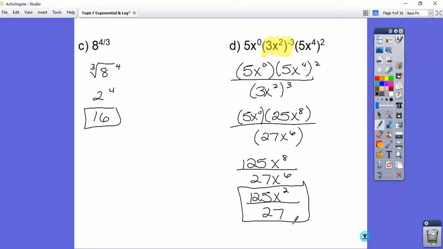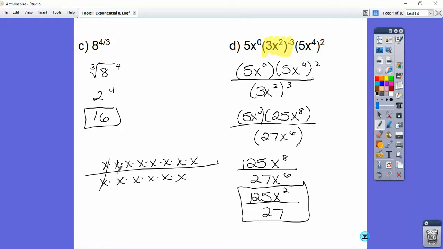Do you guys remember doing these before? Yes. Because it's like canceling them. X to the 8th is saying essentially you have 8 of those on top. X to the 6th is saying there are 6 on the bottom.